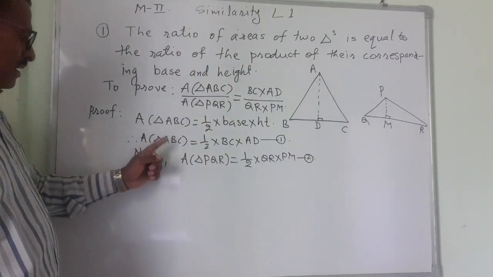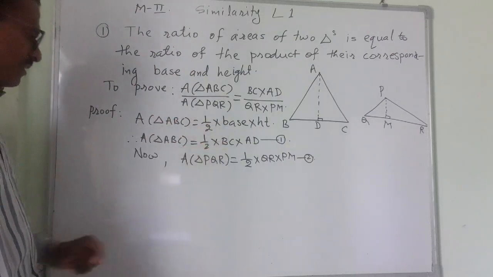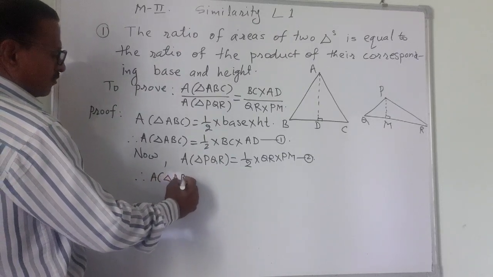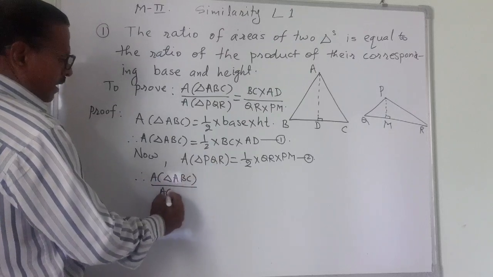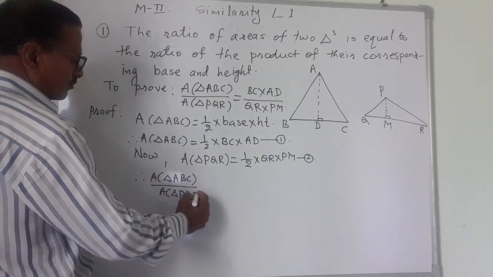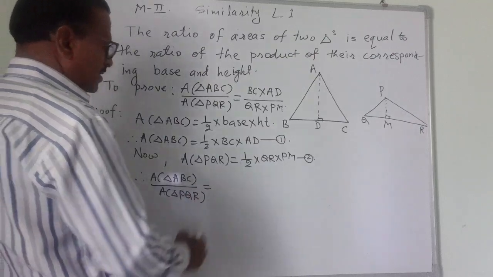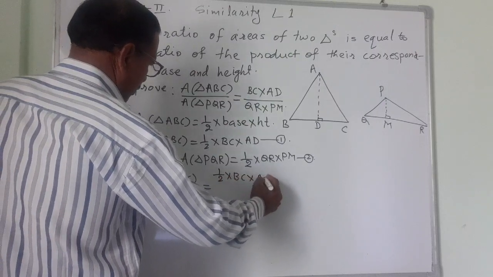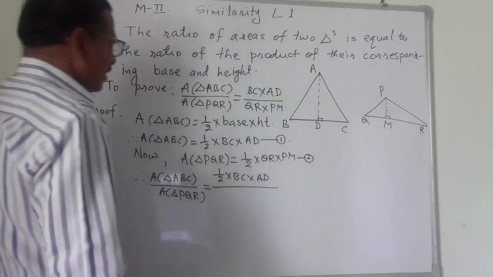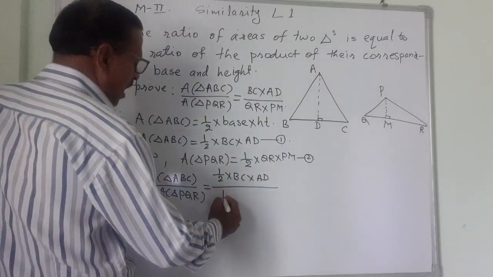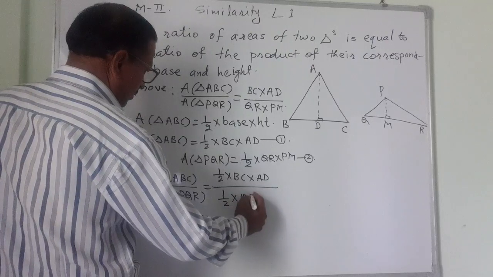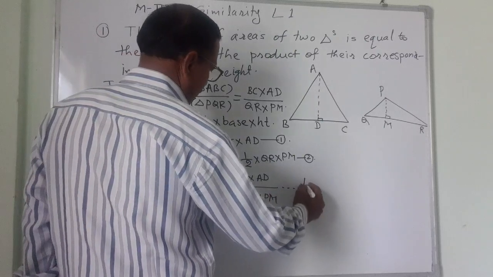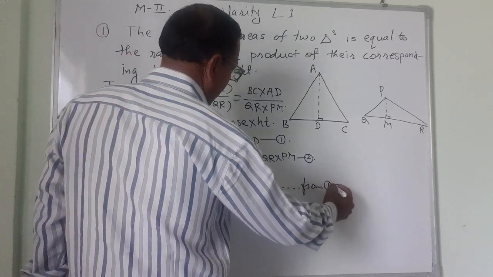Now I want area of triangle ABC upon area of triangle PQR, so I will divide this. Therefore, area of triangle ABC upon area of triangle PQR is equal to half into BC into AD upon half into QR into PM, from 1 and 2.